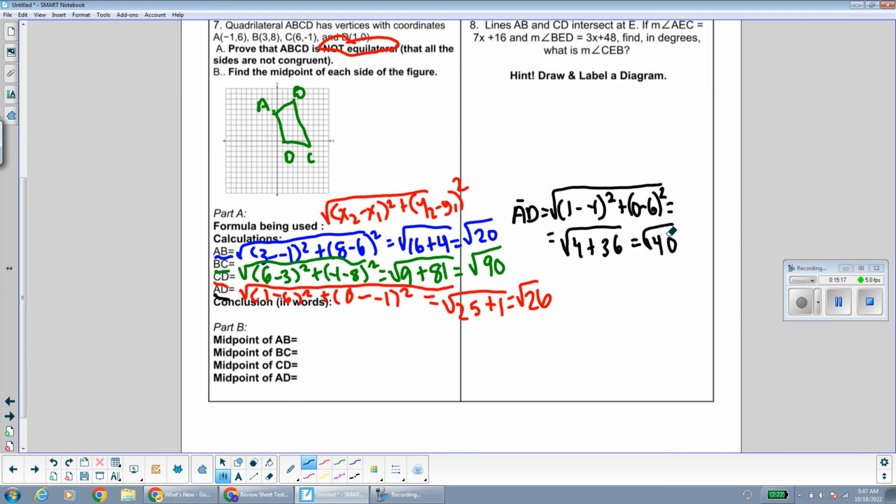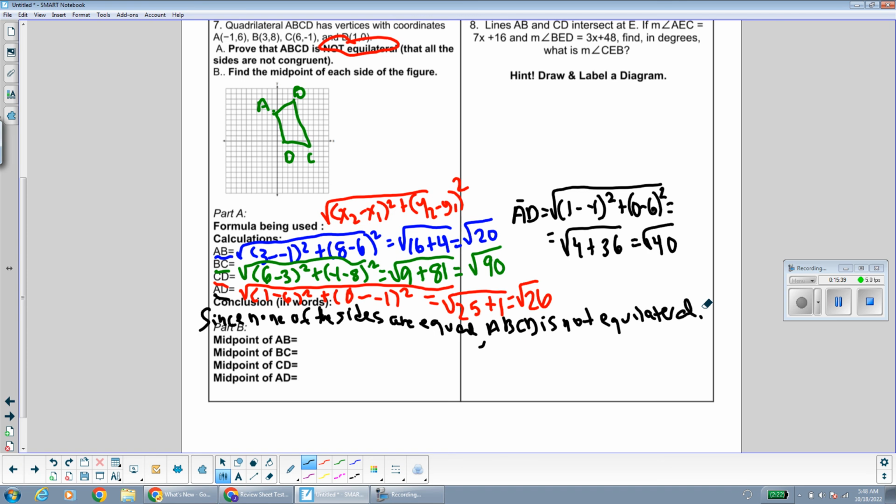Okay, so my conclusion is going to be, since none of the sides are equal, ABCD is not equilateral.